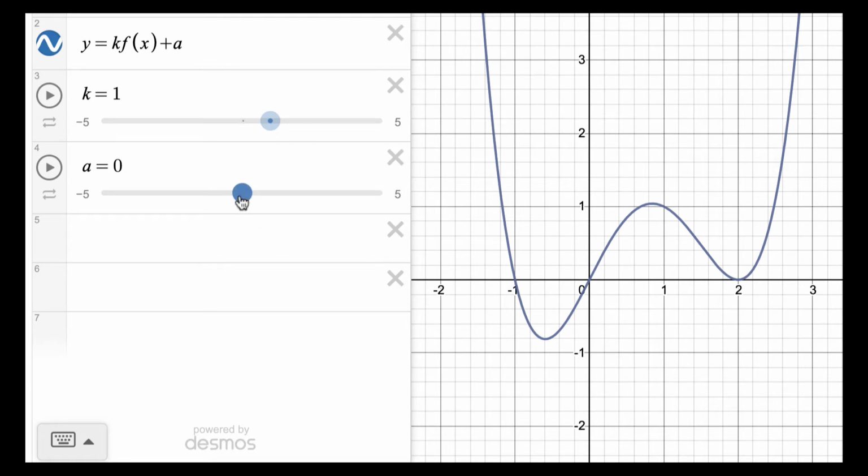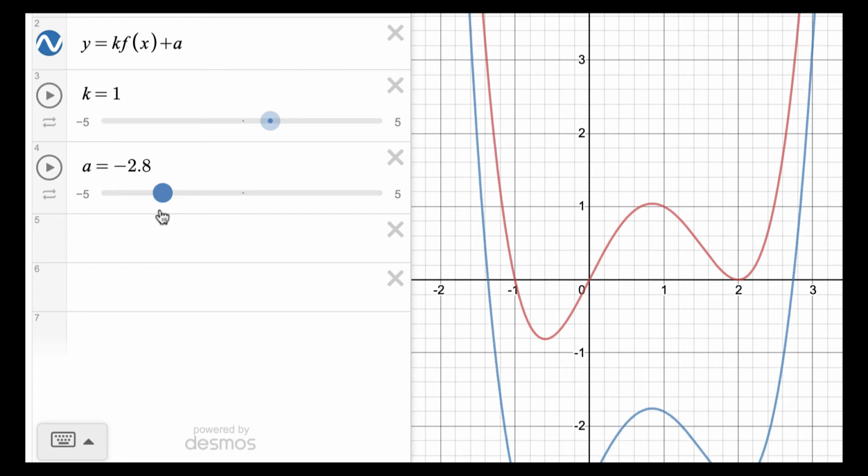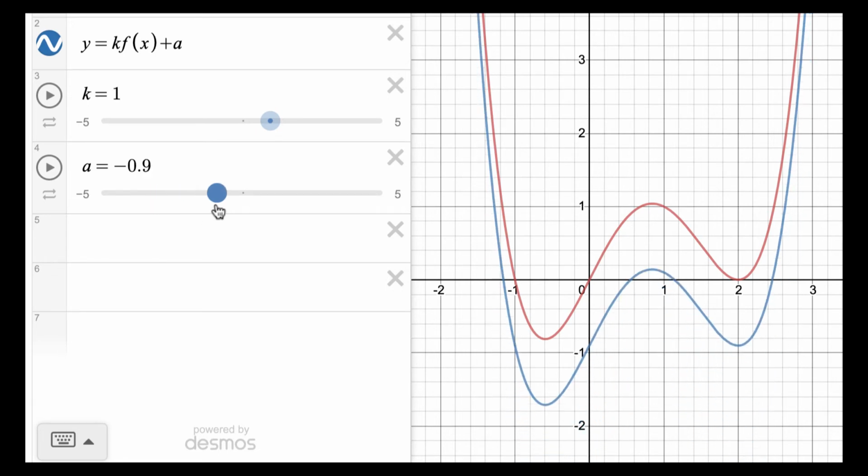Now what effect does increasing this constant a at the end have? Well, that's a simpler procedure. We're just translating the graph parallel to the y-axis. Now if we use negative values for a, the graph slides down.